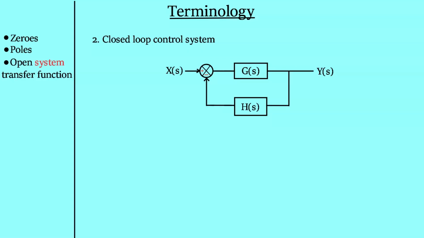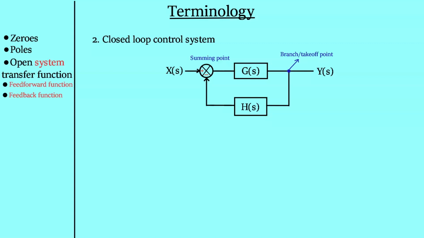Now consider closed loop control system. In this type of control system, input x is connected to a comparator, which is represented by a circle, and after that the signal from the comparator goes to g, which is referred to as feed forward function, whose output is fed back to a feedback function.